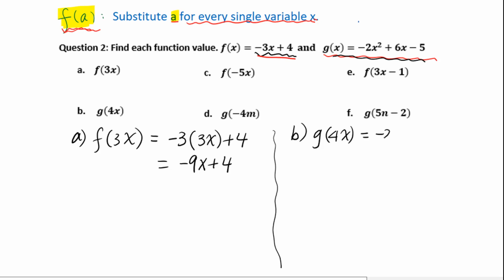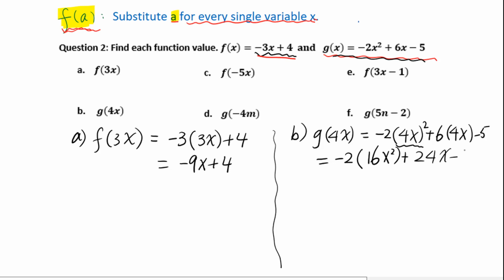So we have negative 2 times (4x) squared plus 6 times 4x minus 5. Remember PEMDAS, so we need to do the exponent first. Negative 2 times (4x) squared is negative 32x squared, plus 6 times 4 is 24x, minus 5.